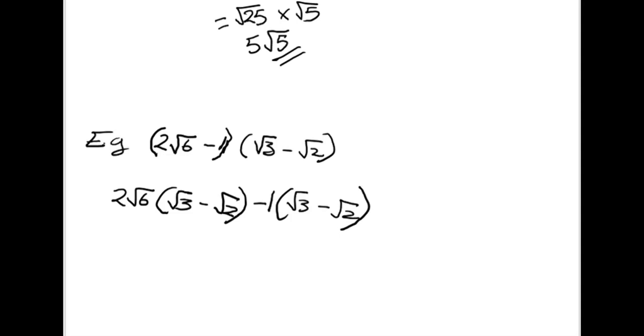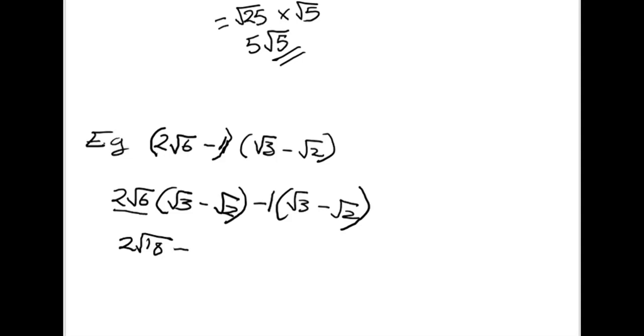So let me multiply. 2 root 6 times root 3, that will be 2 root 18. 6 times 3 is 18. We multiplied root 6 times root 3, we just did 6 times 3, that's 18. Then 2 root 6 times minus root 2.